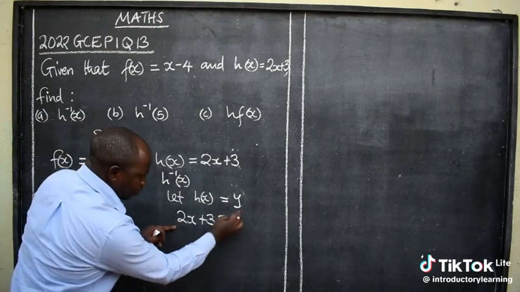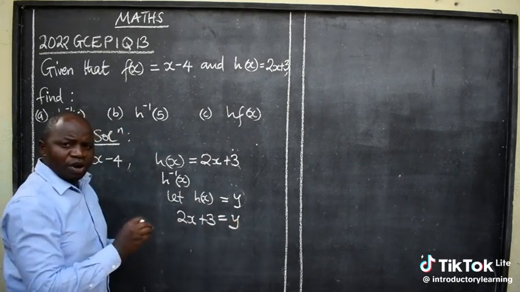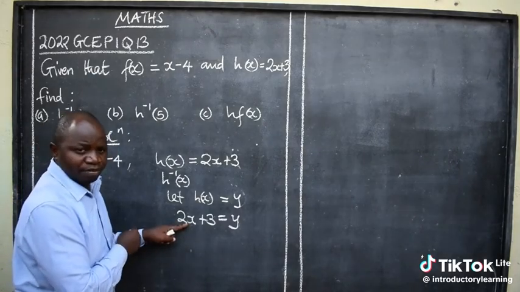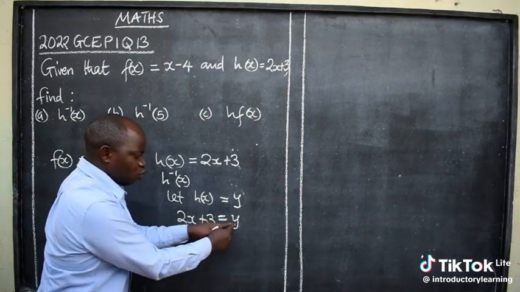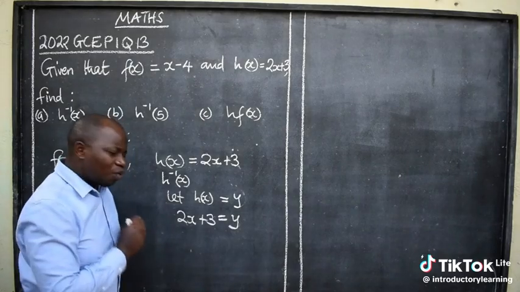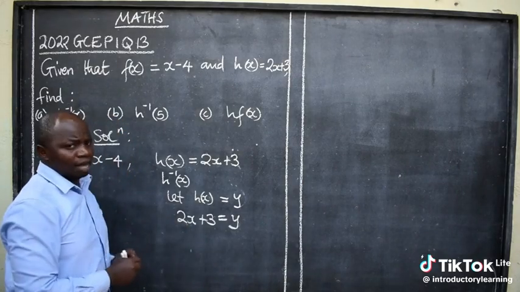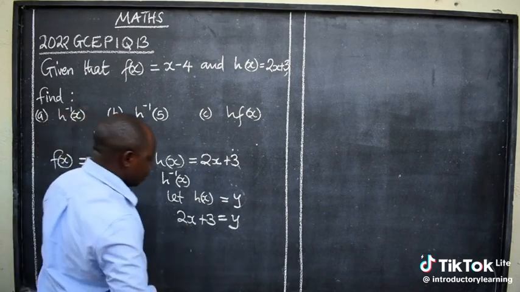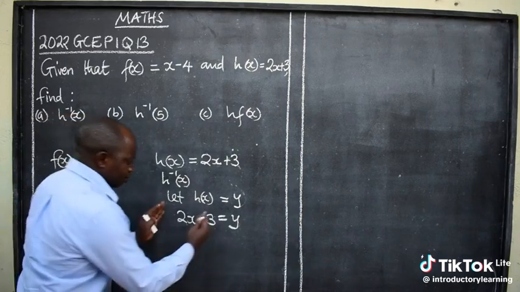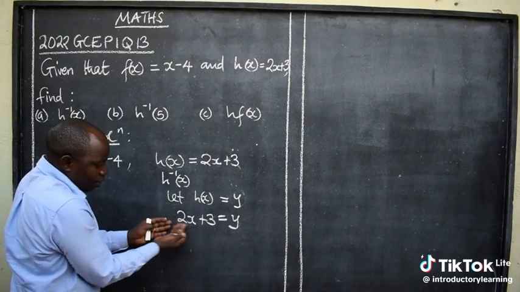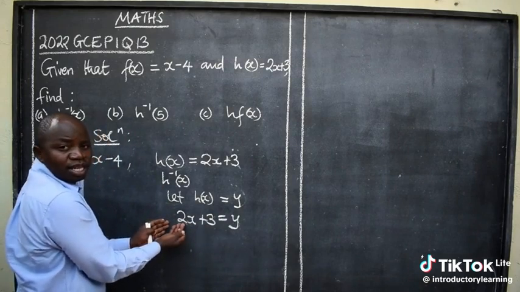Now that you have substituted, what next? You are going to make x subject of the formula. In this case, it is y which is the subject of the formula. But we want to make x subject of the formula. It means that on my left-hand side here, I just want to remain with the term that has got x.